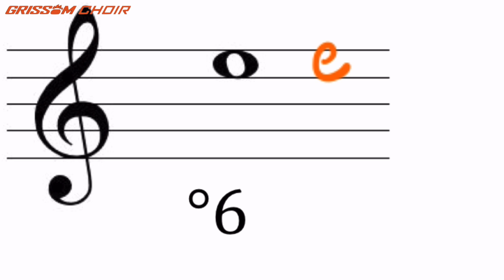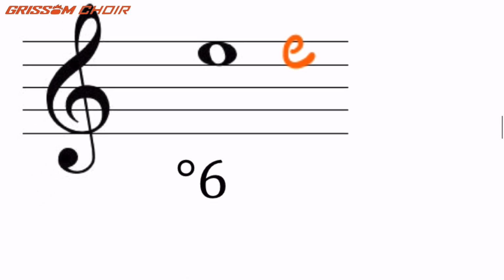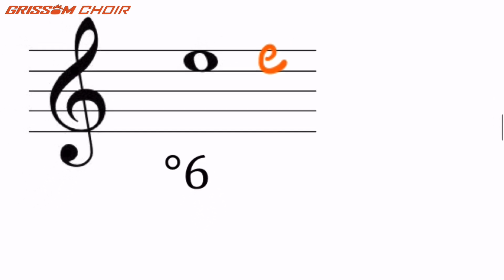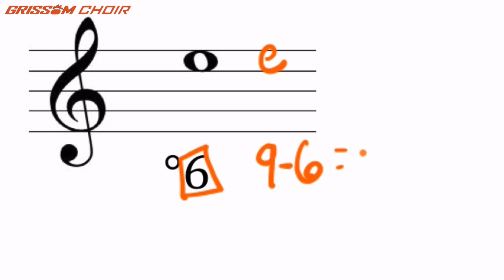In order to find that below, we have to find the inversion of it above. Going back to that other concept, we subtract this 6 from 9. So 9 minus 6 gives us 3. And using the other portion of that concept, the diminished symbol now turns into an augmented symbol.